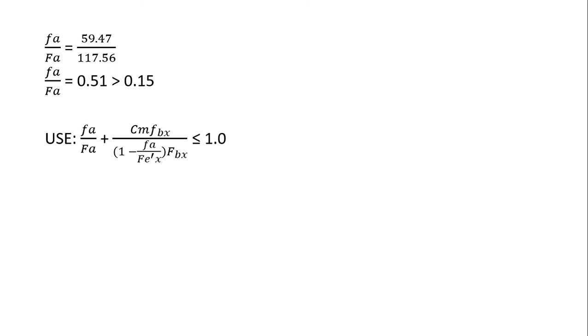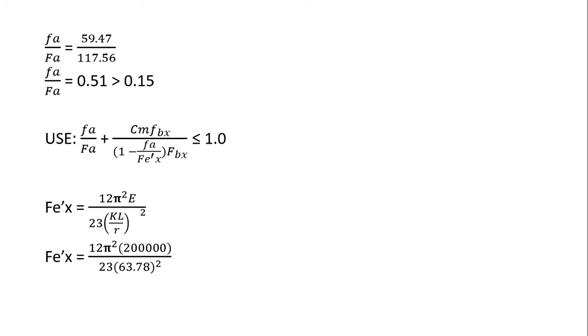So, use FA over FA plus CM times FBX over 1 minus FA over FE prime X times FBX. So, it should be less than 1.0. So, FE prime X is equals to 12 times pi squared times E over 23 times KL over R squared.